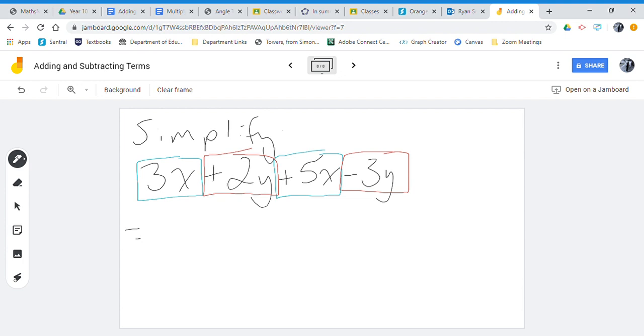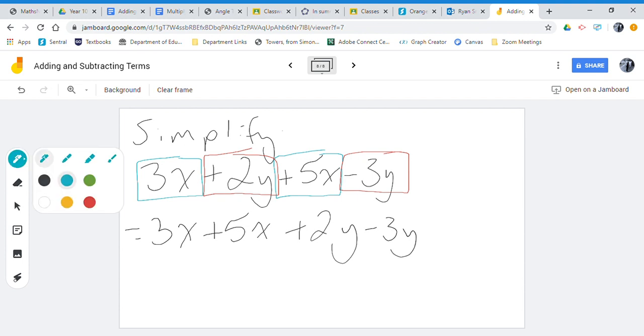Now I'll rewrite or rearrange. So 3x plus 5x plus 2y minus 3y. And notice that the operation is staying with my term each time. So that positive 5 is still with the positive 5, positive 2, negative 3.